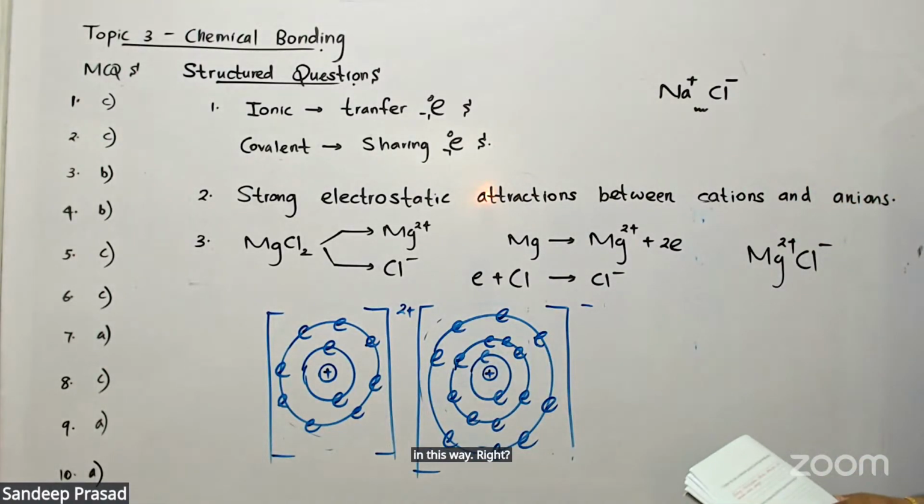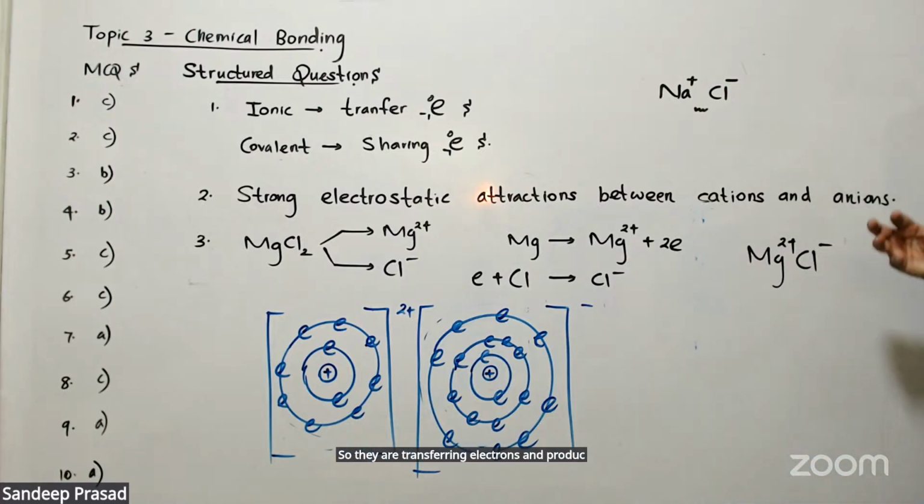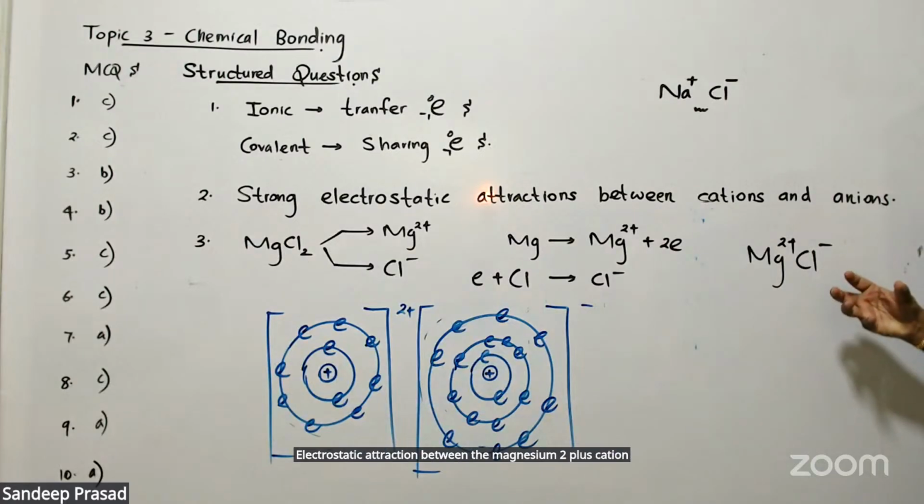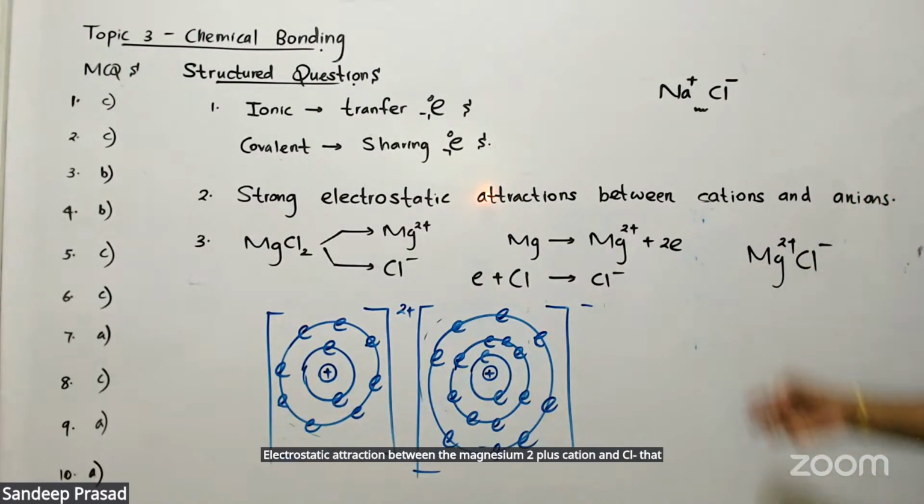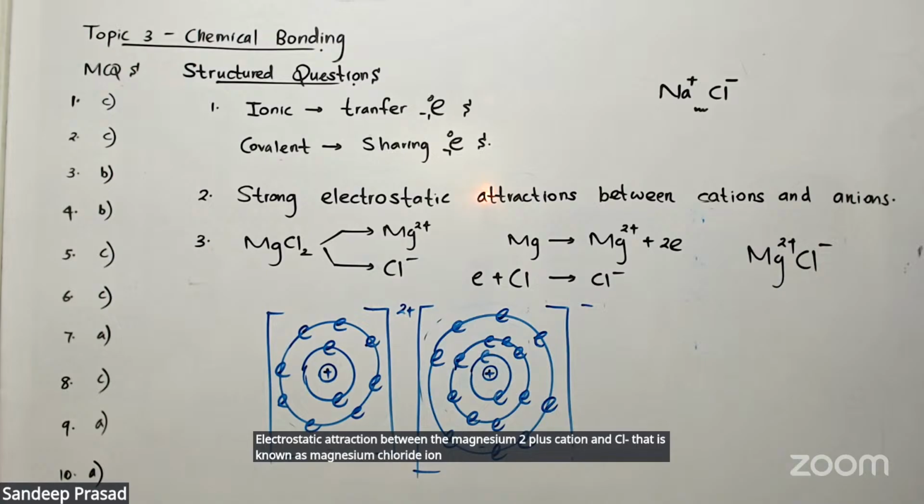Magnesium chloride. So they are transferring electrons and producing a strong electrostatic attraction between the magnesium 2 plus cation and Cl minus, that is known as the magnesium chloride ionic bond. Okay.